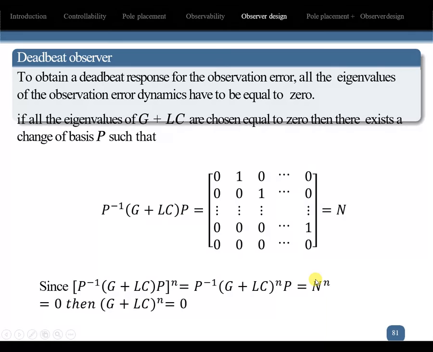To obtain the deadbeat response for the observation error, all of the eigenvalues of the observation error dynamic should be equal to 0.